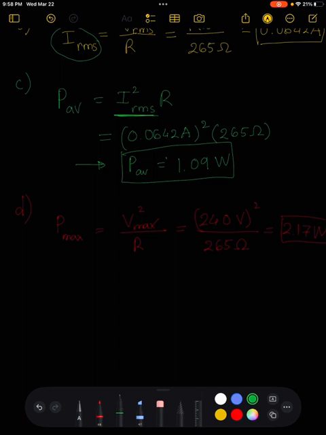Okay. So from this relationship, we can see that the maximum power dissipated through the resistor is more than twice the average power.